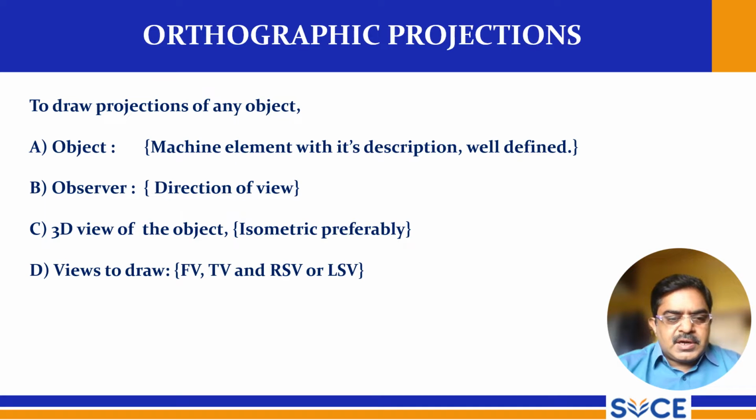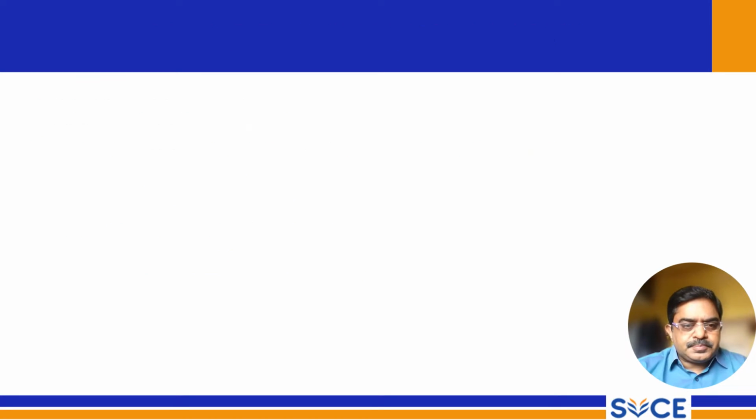The views to draw are front view, top view, and either right side view or left side view. These are the three views normally required to describe any machine element, or we can give the clear dimensions to a layman or to your subordinates.